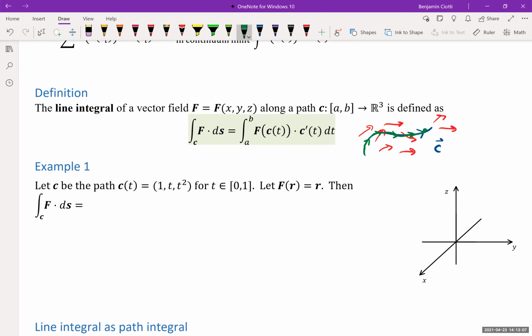So let's see, at t equals 0, it's right there on the x-axis at 1, 0, 0. And then it goes up to the point 1, 1, 1. It's about right there, maybe. Okay, so there's the path C.